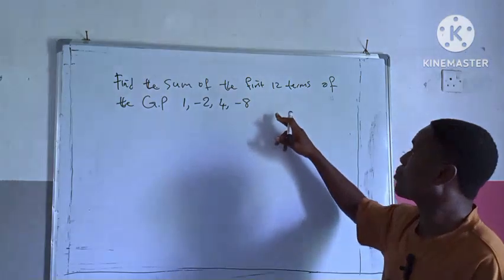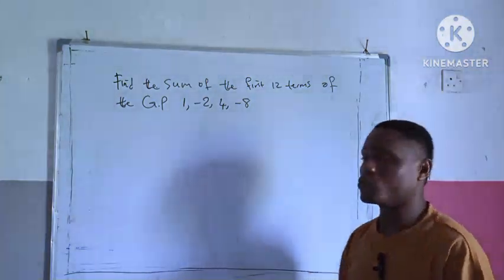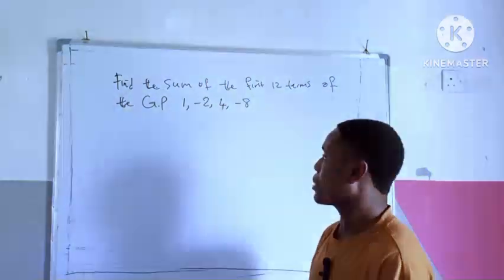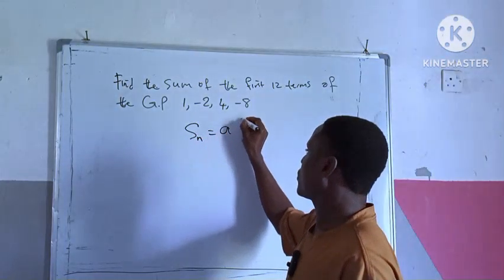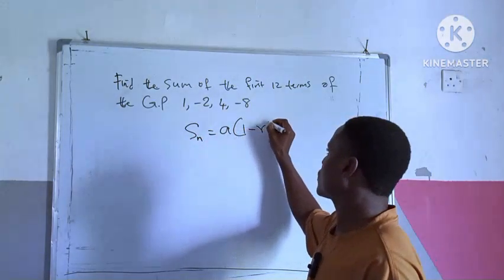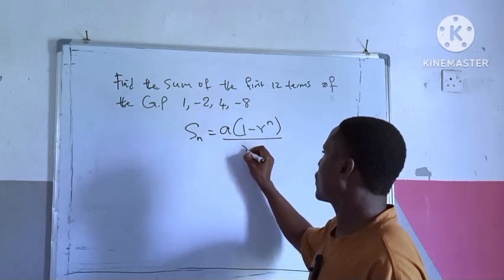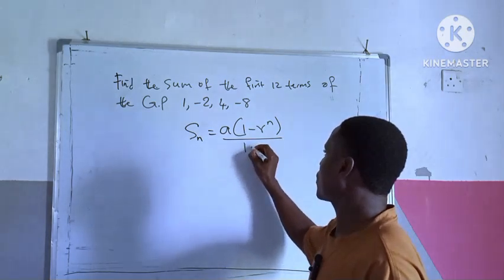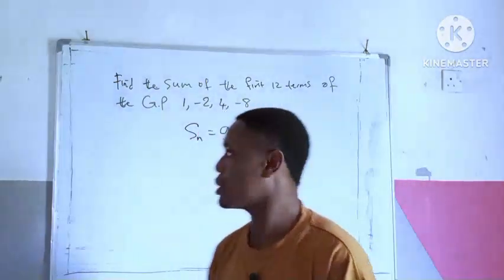If you are given this type of question and you are asked the sum under GP, you use a particular formula. The formula is S_n = a(1 - r^n) over (1 - r), the sum of terms in a GP.